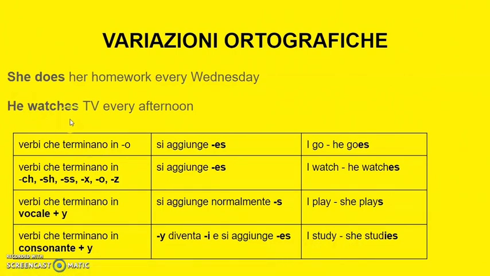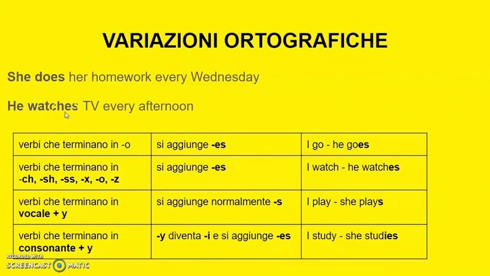So we can say that, for example, for these verbs, ch, sh, double s, x, or z, there is a sound problem. So we add es instead of s, because let's imagine to say watches or rushes, it's not good, okay, to listen to.